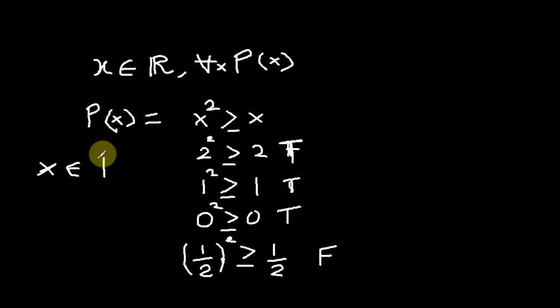So if I say x belongs to integers, just the integers, then I can say that this is correct. So how will this work? If x belongs to integers, which is symbol Z, this is the symbol for integers.